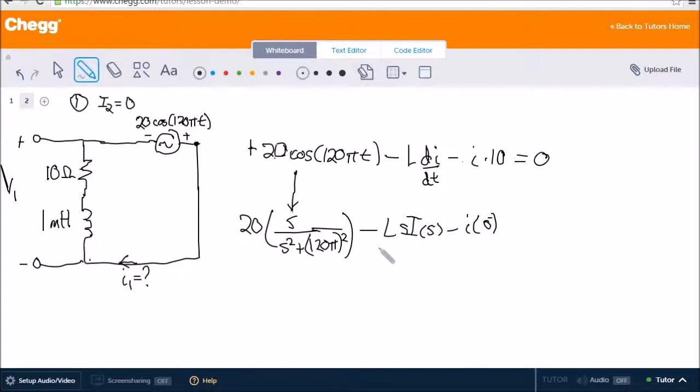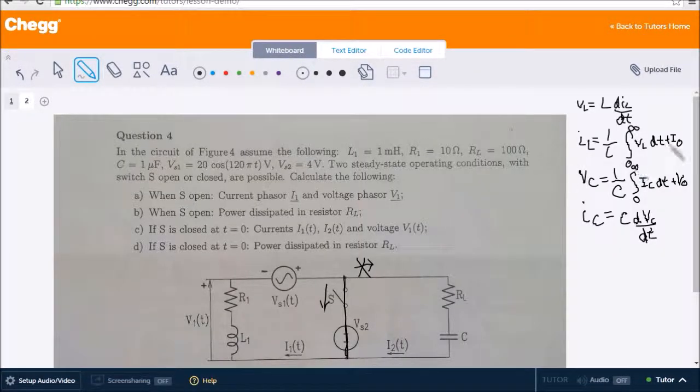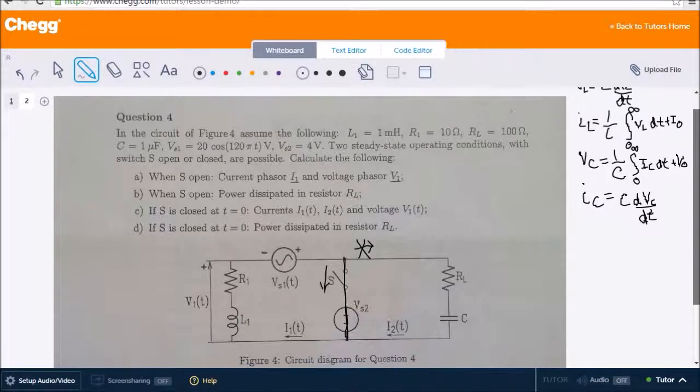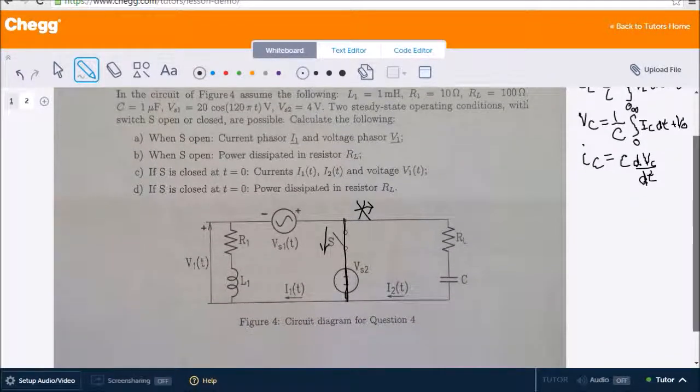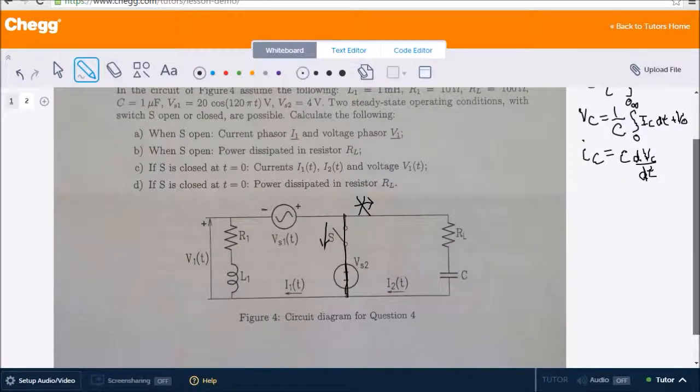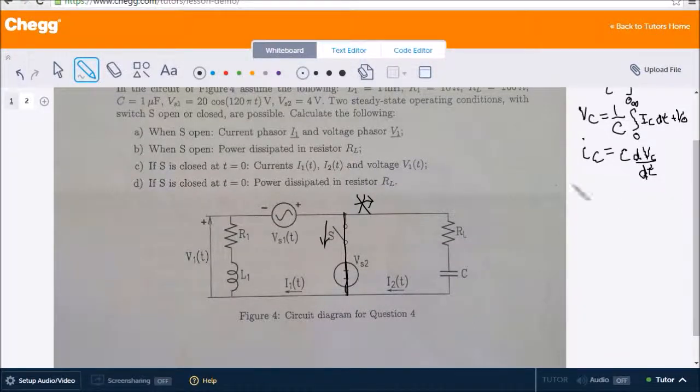The only part we don't have right now is we don't know what i of 0 was, so right before we flip the switch. So right before we flip the switch, actually that's incorrect. We do know i of 0. We solved that in A right here.